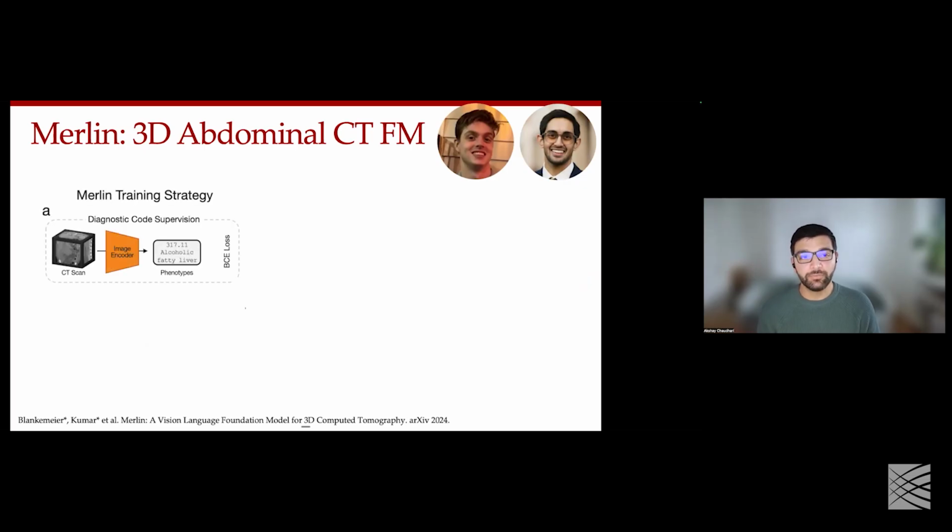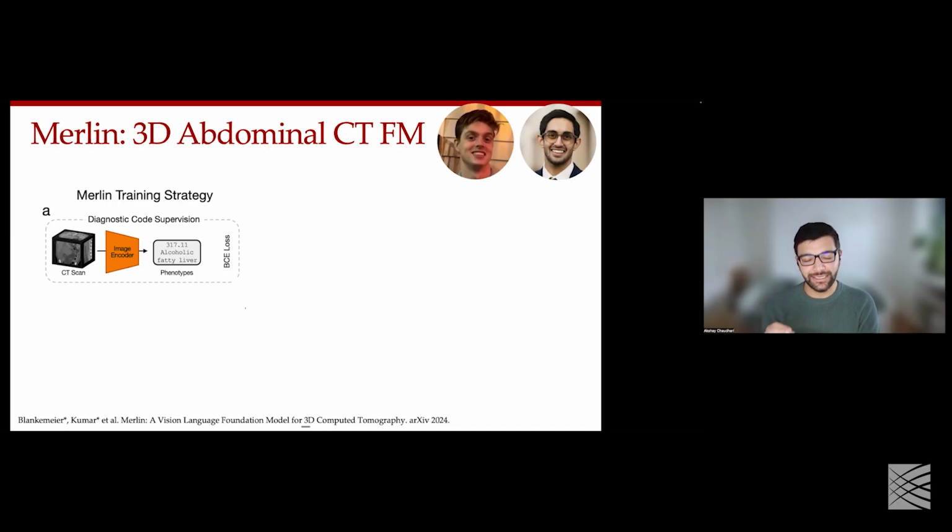At a high level, one of the two training objectives for the model was to take your entire 3D CT scan, pass it through an encoder, and then simply try to predict the ICD code that was assigned to the patient at that particular visit. The reason we do this is because it's a pretty common task that ICD codes are assigned to patients, and we want to use this in lieu of different self-supervision strategies.